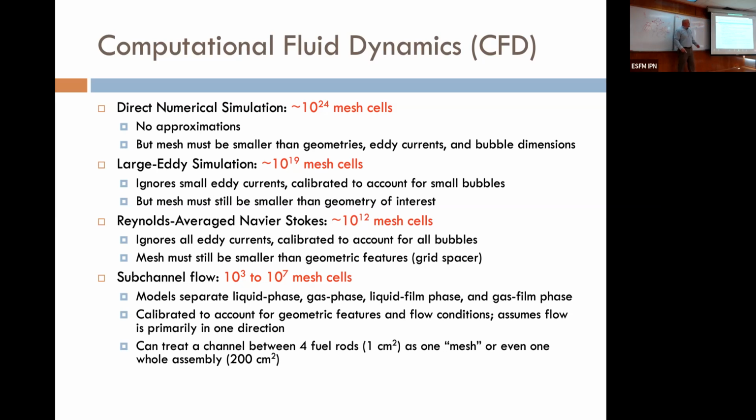But in general, we aren't doing this for full reactors, but we certainly could use large eddy simulation for flow through a grid spacer to decide what the pressure drop would be through a grid spacer. What is the heat transfer coefficient that should be through a grid spacer? So maybe not using that for the full reactor, but using it for regions of the reactor, it can be very beneficial.